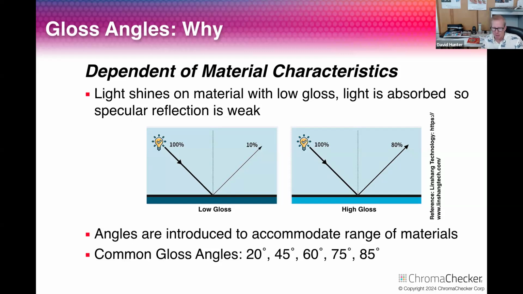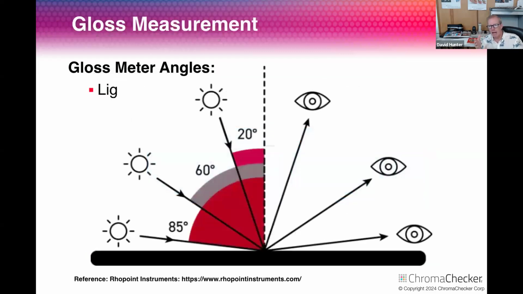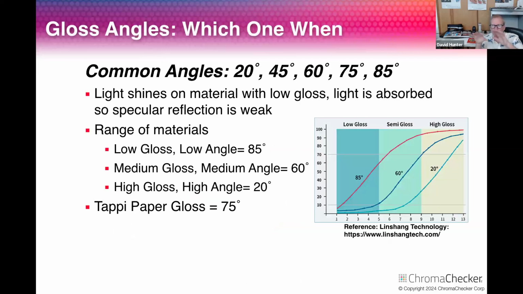Here are the common angles for a multi-angle gloss meter, which is, by the way, supported by our ChromaChecker Capture. We can receive 20 degree, 60 degree, and 85 degree angles from this gloss meter, which means it's capable of measuring a wide variety of materials.